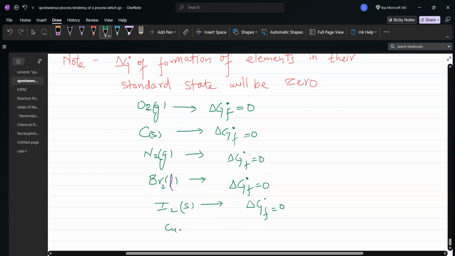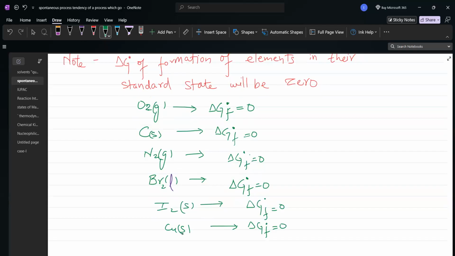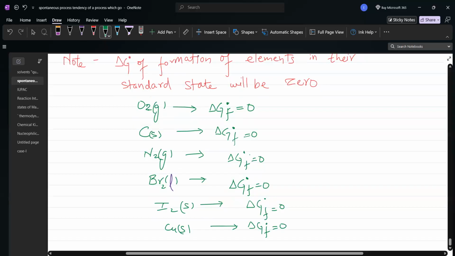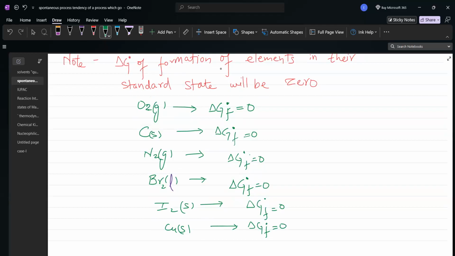If there is copper solid, the delta G of formation will be 0, because copper is formed in solid state, right? Are you getting this? Thus the delta G of formation of an element in its standard state will always be 0. Okay. Zainab, are you getting this?